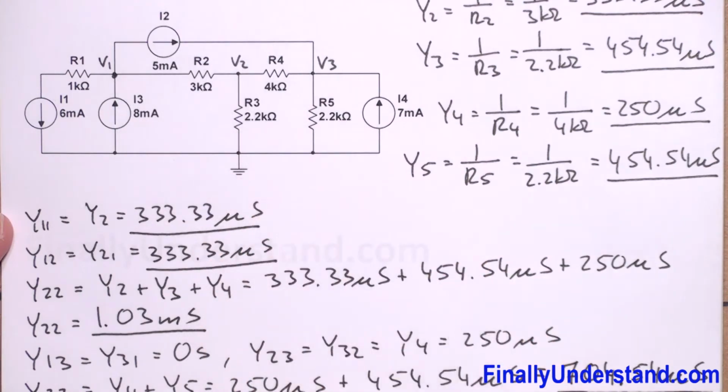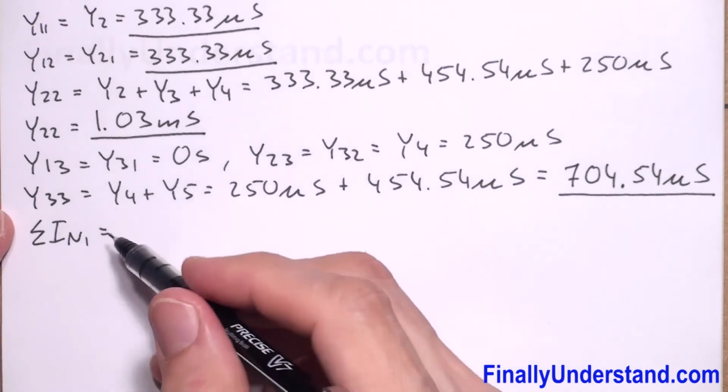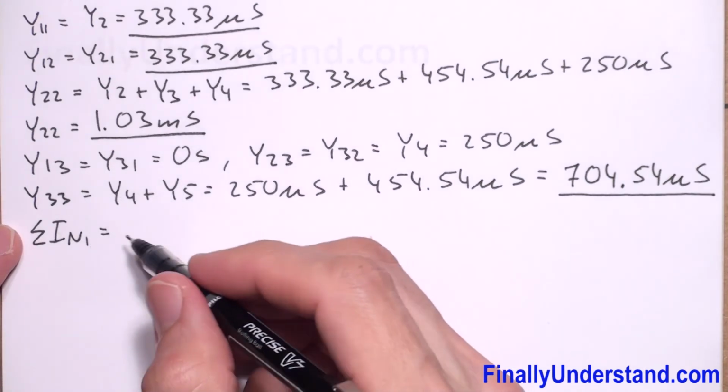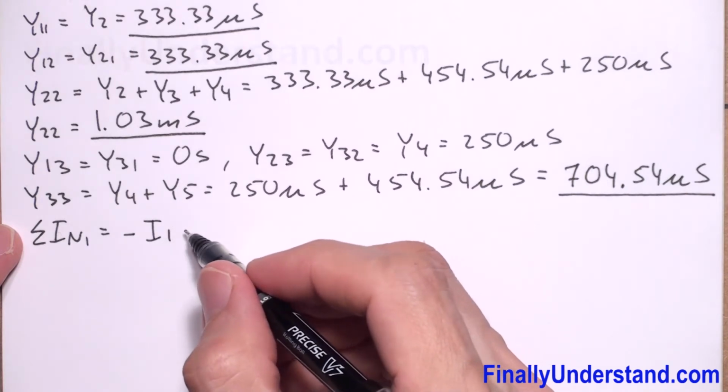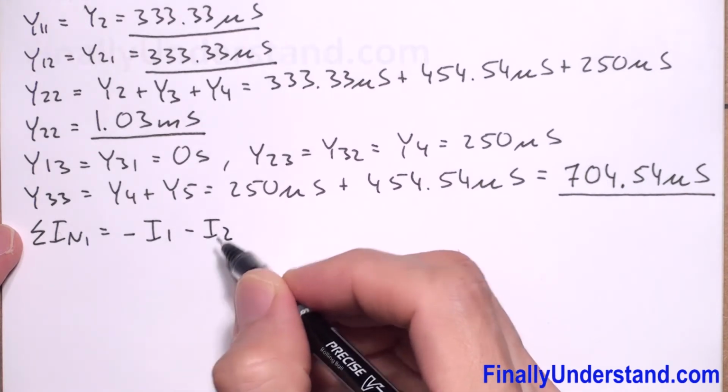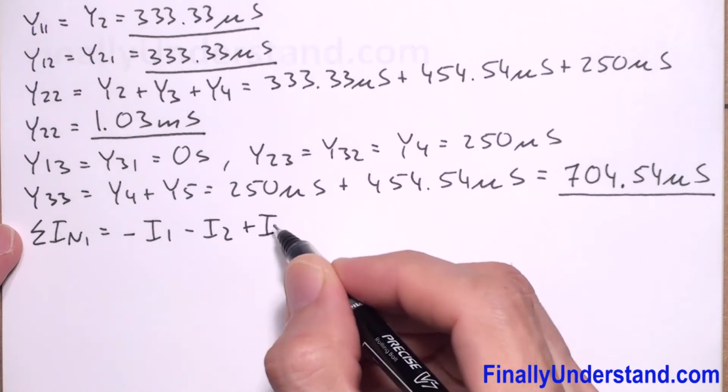So the sum of the currents at node 1 is negative I1 negative I2 plus I3.